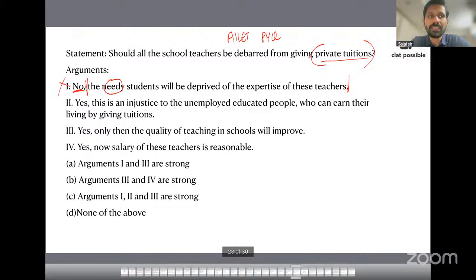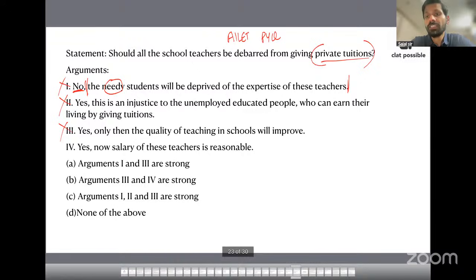So to say that some people should not do this because other people will not be able to do this, it will keep other people unemployed. It's not a good reason, right? So two is out. Yes, only then the quality of teaching in schools will improve. How? Bad reason, right? So three is out.